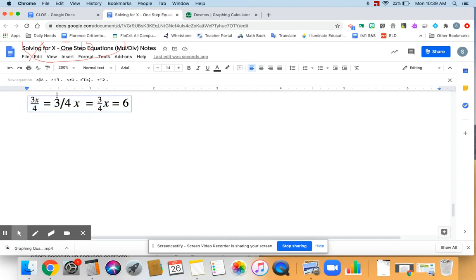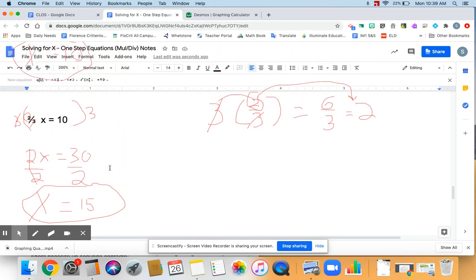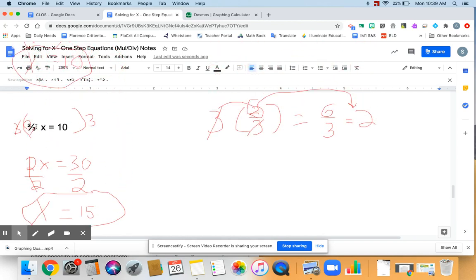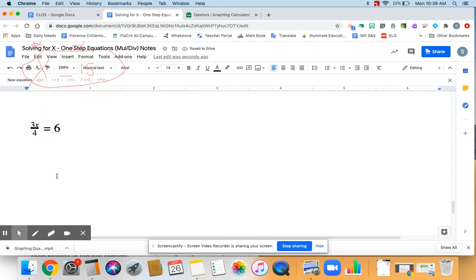It doesn't matter if it's beside it like this. It doesn't matter if the fraction's written side by side or up and down. They all mean the same thing, which is why sometimes I wrote the questions like this versus sometimes I write them like this so that you can practice that they mean the same thing.